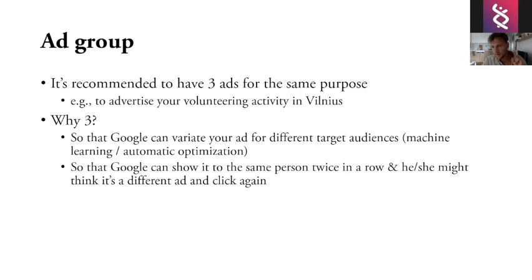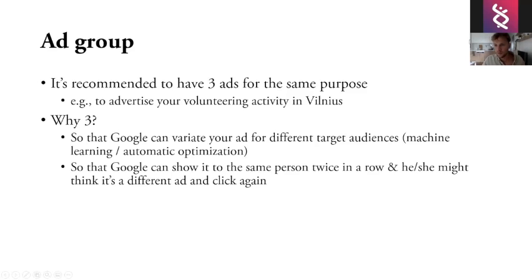Also, there is another reason. If, for example, you're looking for volunteering activity in Vilnius, you type it in the search window and it gives you results with your ad in. For some reason, you don't click on it and you refresh or retype your search query, and Google once again shows your activity, but this time with a different ad in your ad group.